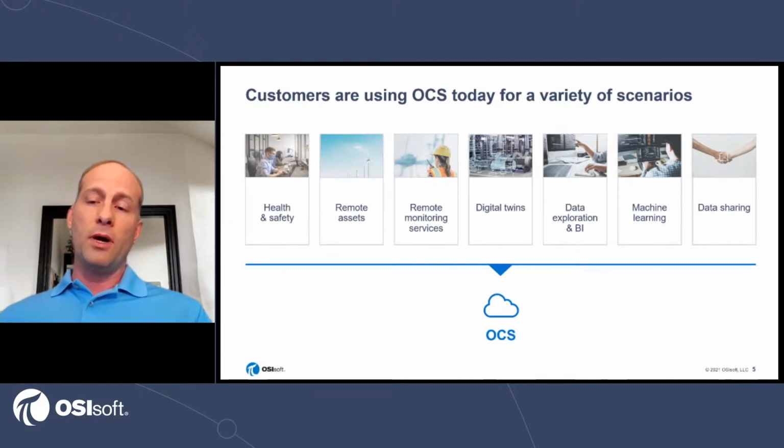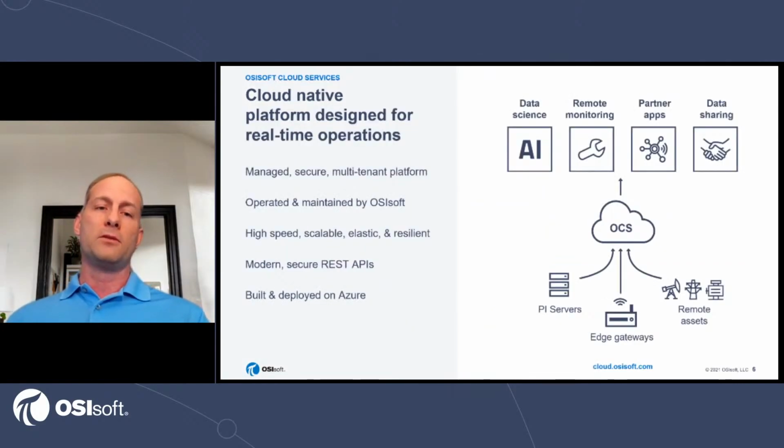And customers really want an easy way to share operations data with their business partners, service providers, customers, supply chain partners, and others. And we're currently enhancing OCS to expand our data sharing capabilities even further later this year. In the rest of this talk, we'll step through what OCS is and how people are using these capabilities to help address these scenarios. So what is OCS?